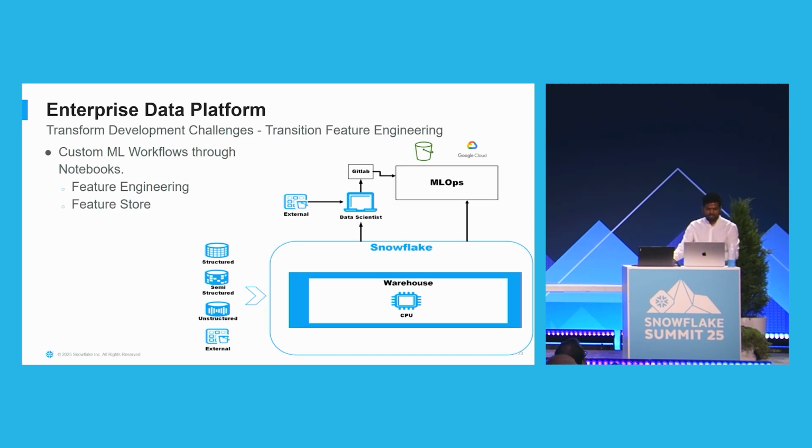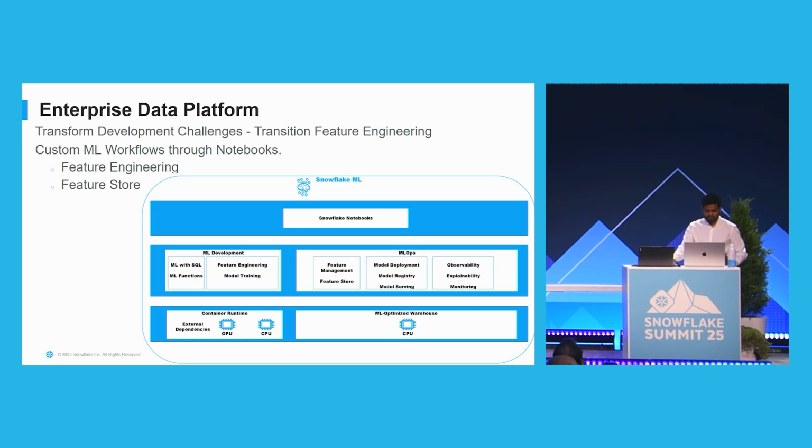So just a quick overview of how the transition looked for our feature engineering step. Using Snowflake ML's key ability to support feature engineering and feature store capabilities directly within the platform, our ML engineers could leverage the flexibility of transforming raw data into high-quality features.